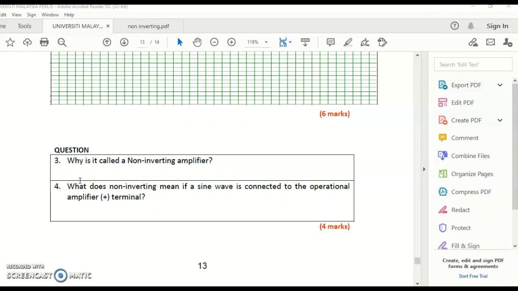The positive terminal is supplied with a positive alternating current. What does non-inverting mean? If a sine wave is connected to the operational amplifier positive terminal, the input voltage is applied directly to the non-inverting positive input, which means that the output gain of the amplifier becomes positive.